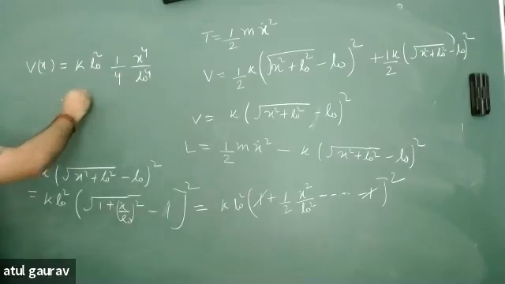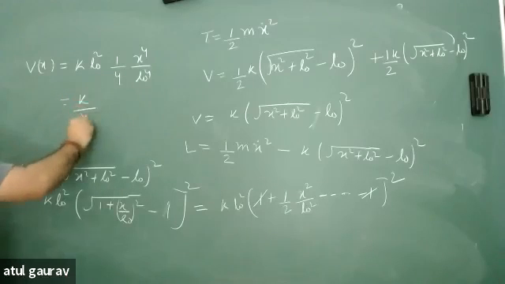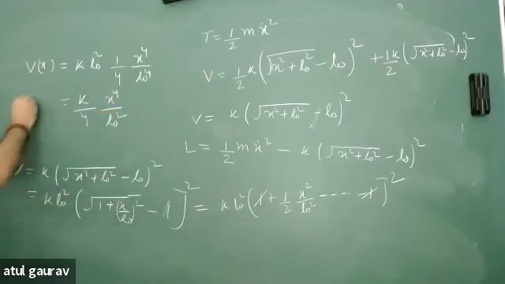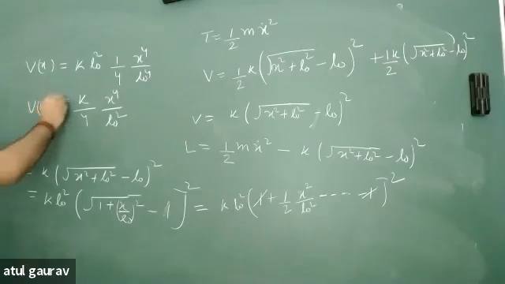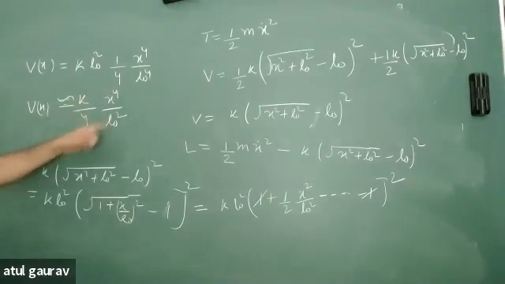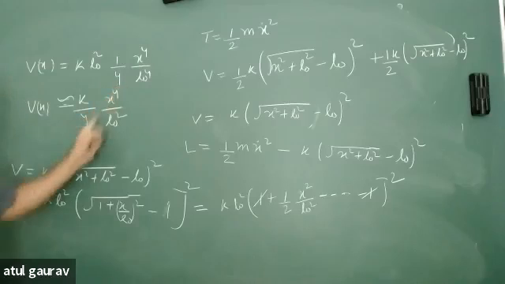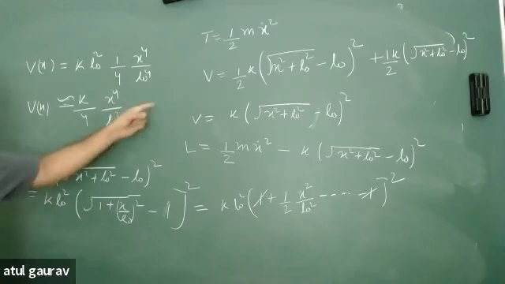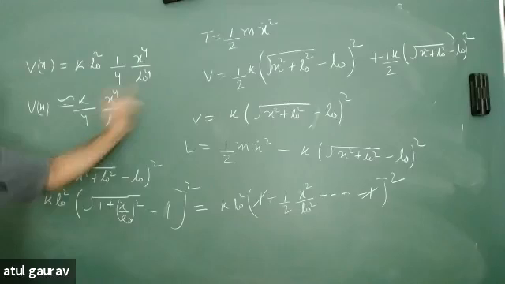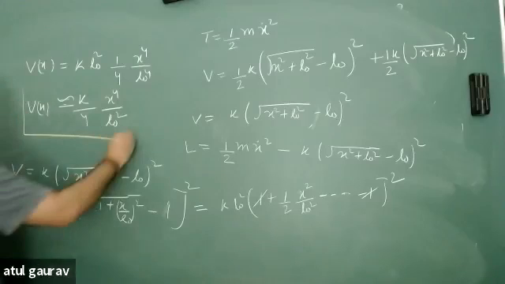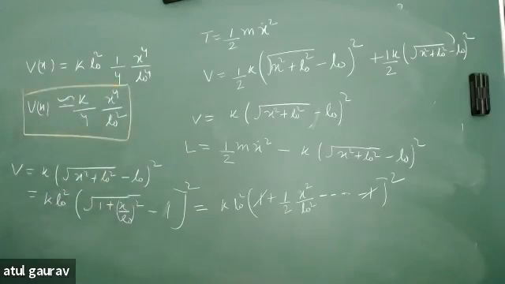And yes, this will be K by 4, and this is x^4 by L naught square. This is my potential for small oscillation. Look at the dimension, it is all about length square. This is length to the power 4 and this is length square. But in spite of this, there is huge complication. You can see this is my potential for a small oscillation.